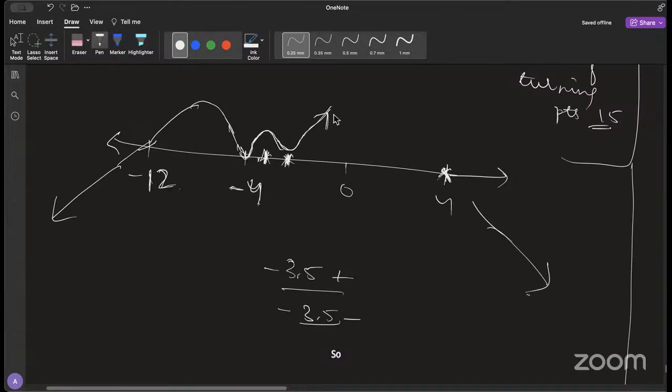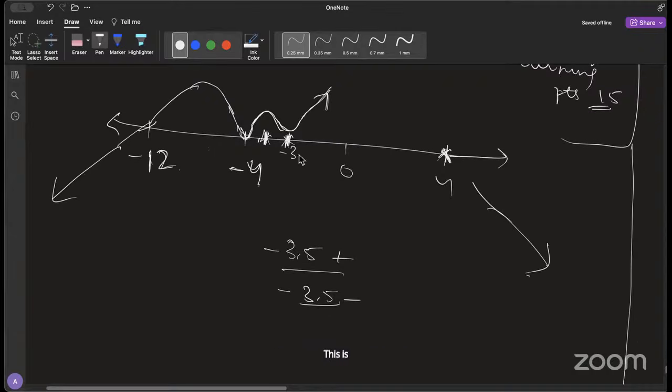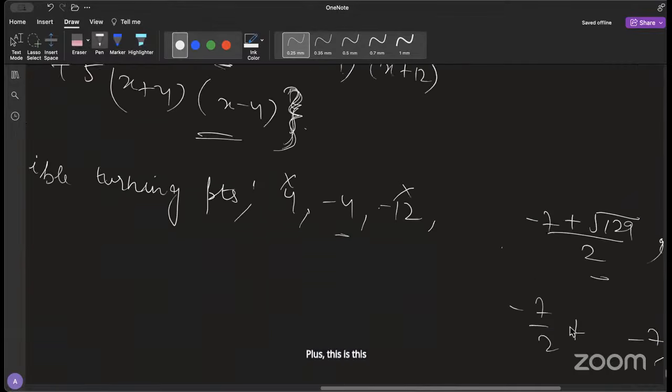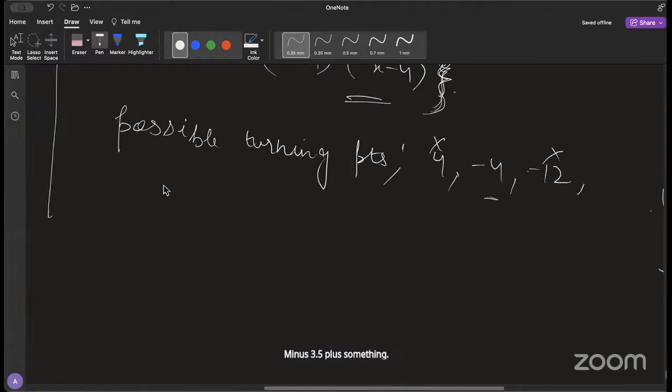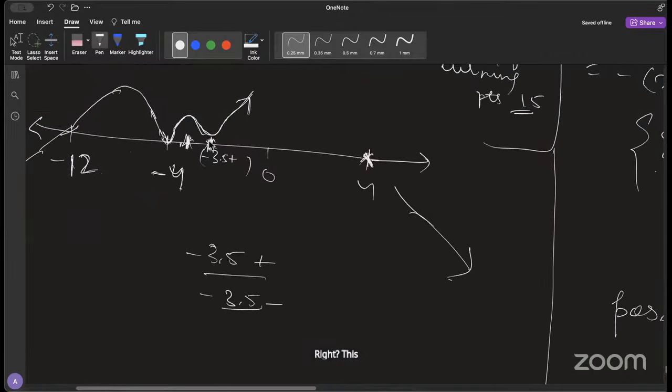So I'll need one more root of P dash X after minus 3.5 plus something. This is that root of your P dash X. If you have to turn down, there is no other way, right?